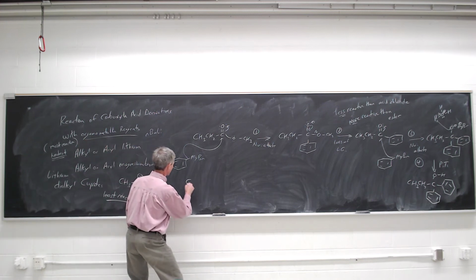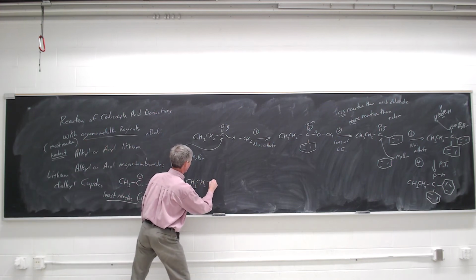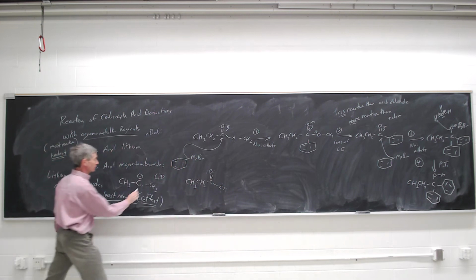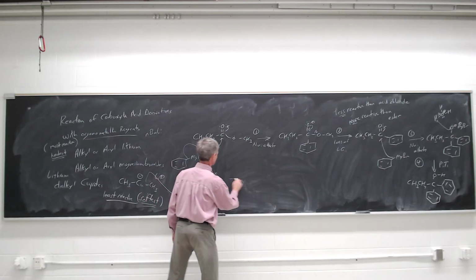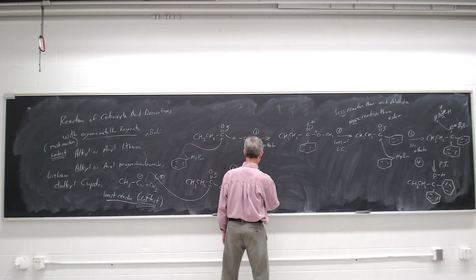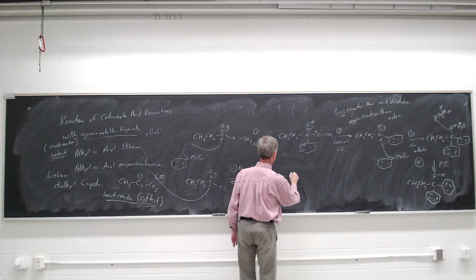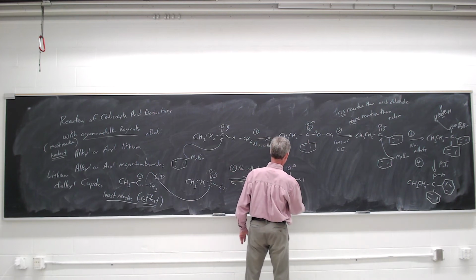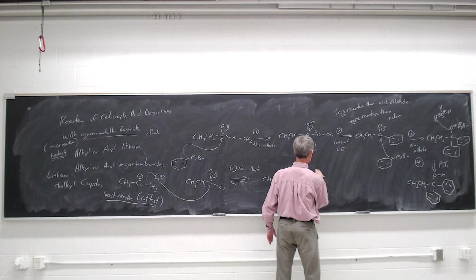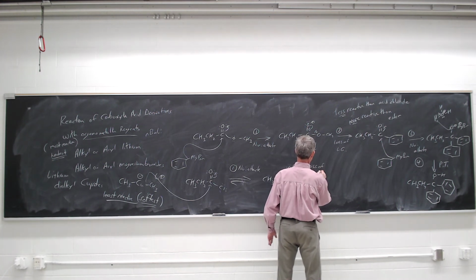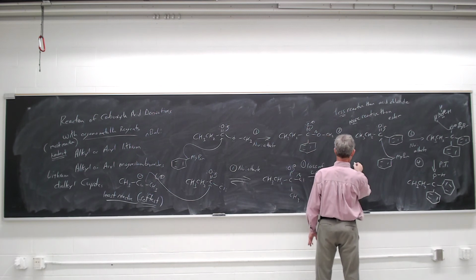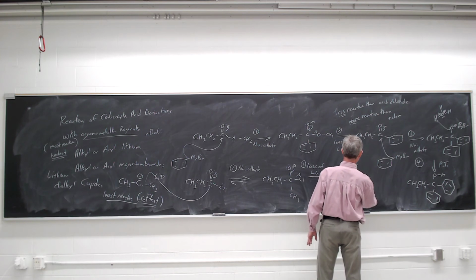So cuprates are good enough to take out the chloride leaving group, generate a ketone.